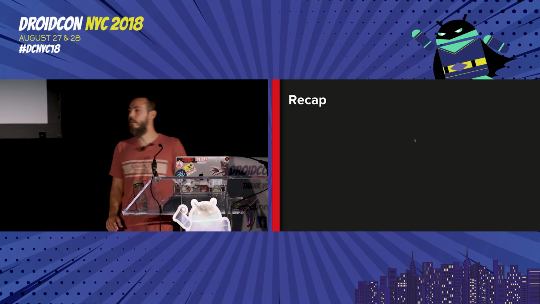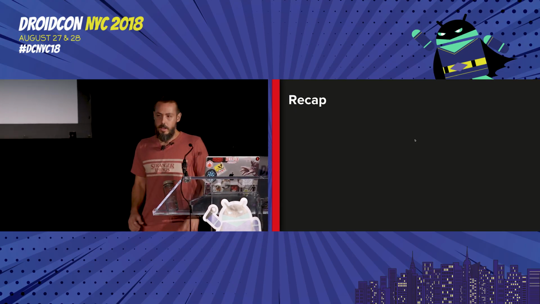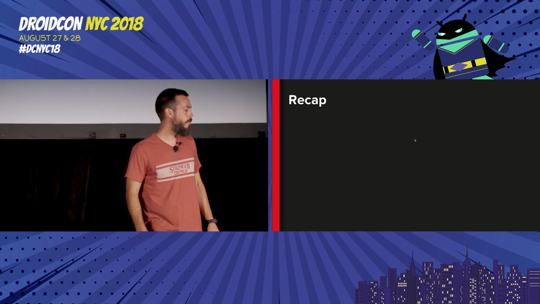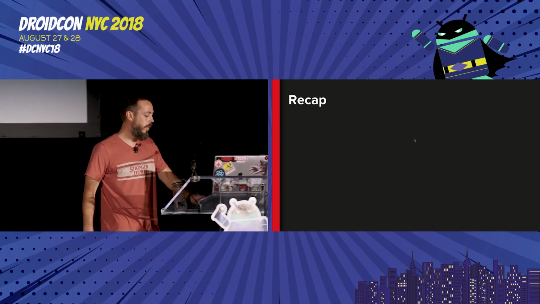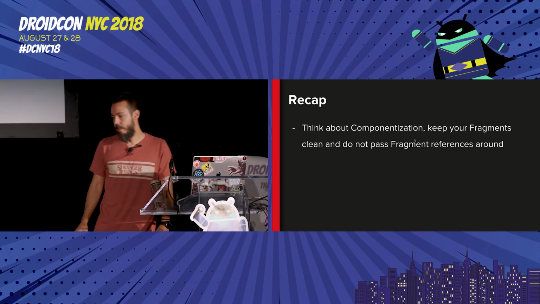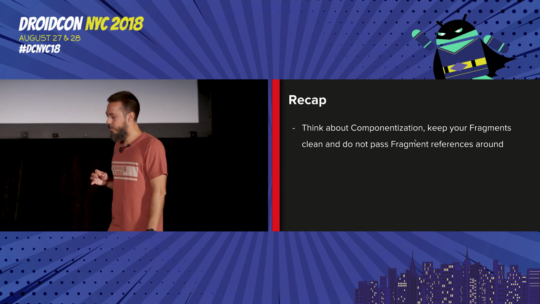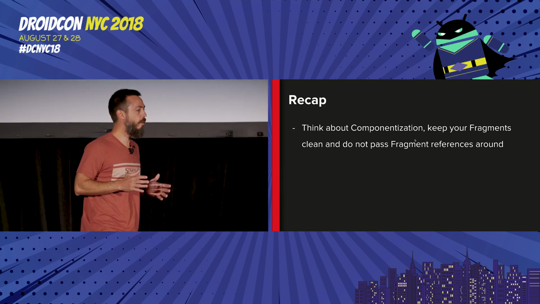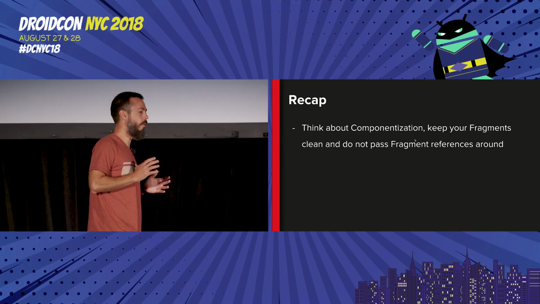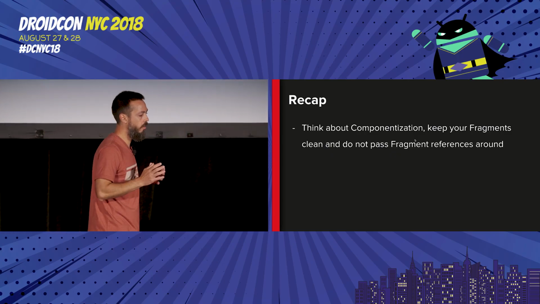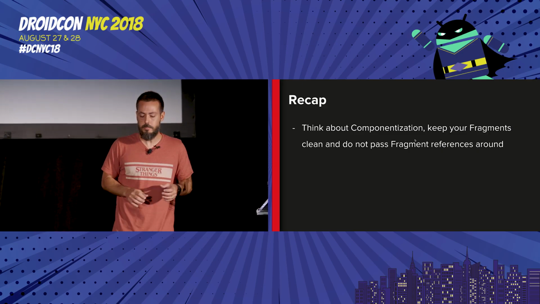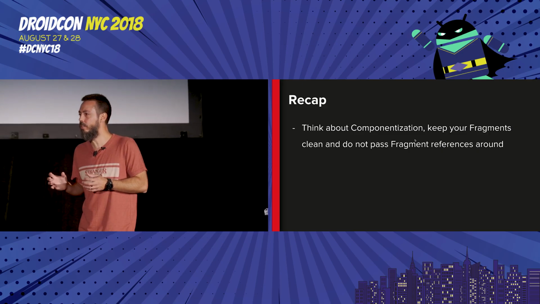Okay, let's recap. The takeaways that I have for you are, the first one is, do not pass fragment references around. That's very dangerous. So try to keep your fragments clean and put the business logic, at least the UI business logic, where it belongs. Think about componentization.